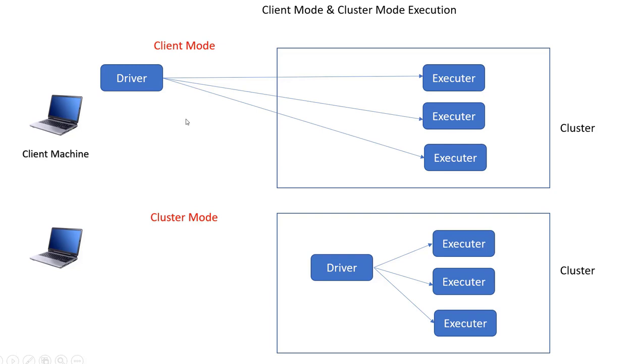So, it is not suitable for the production environment. In production, we want independence, and that is where the cluster mode is useful. That is the realistic scenario where we do not have any dependency on the local machine. In the cluster mode, the driver also resides on the cluster itself.